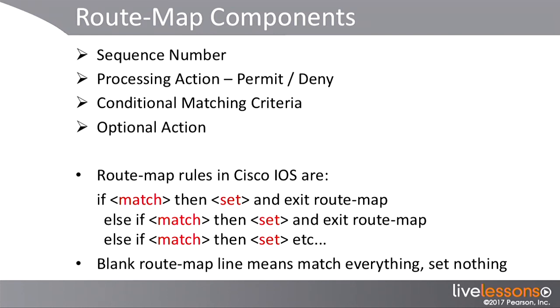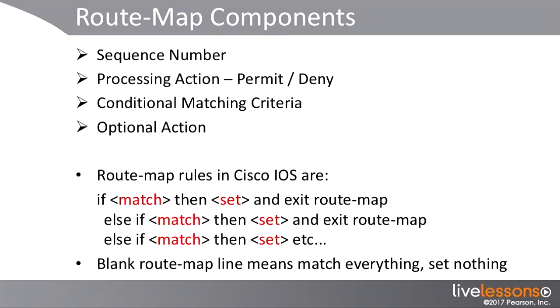We'll now see the route map rules on Cisco IOS devices. The route map works in a way of if and else criteria. If you have a particular route map statement, say route-map XYZ permit 10, and you perform a match and set operation, then it exits the route map after performing that action.